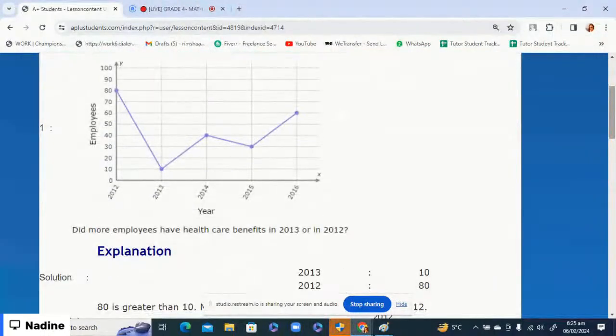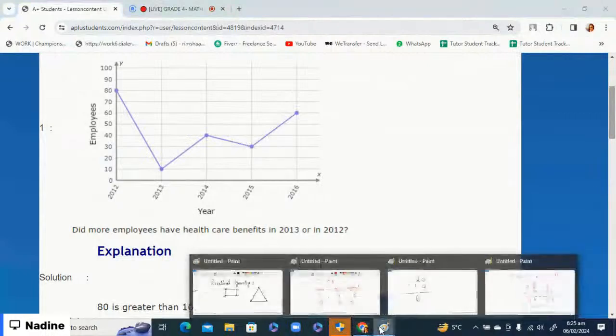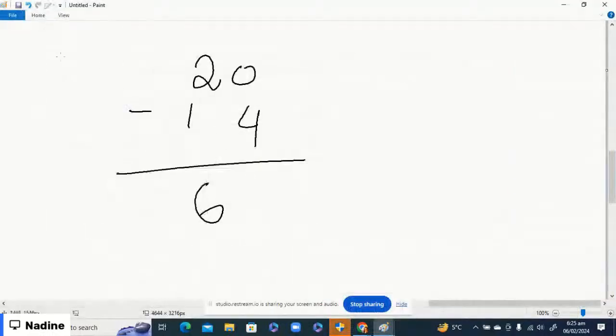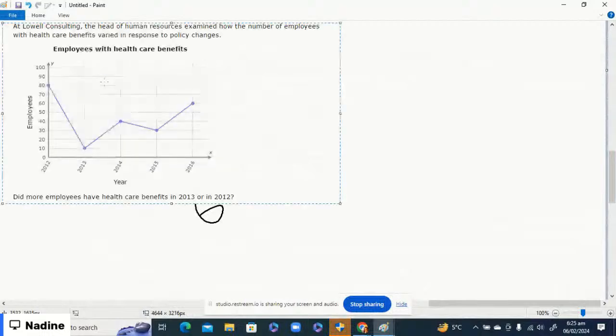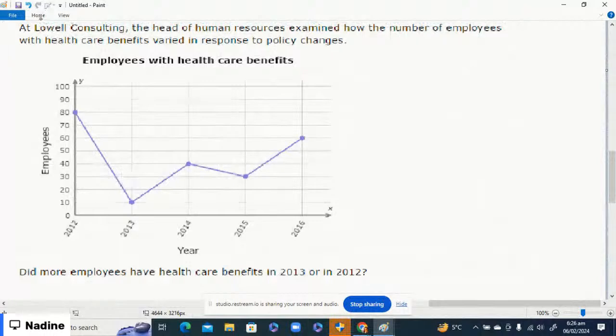Did more employees have healthcare benefits in 2013 or in 2012? So look at here. As we know, at Lowell Consulting in 2012, it stopped at 80.